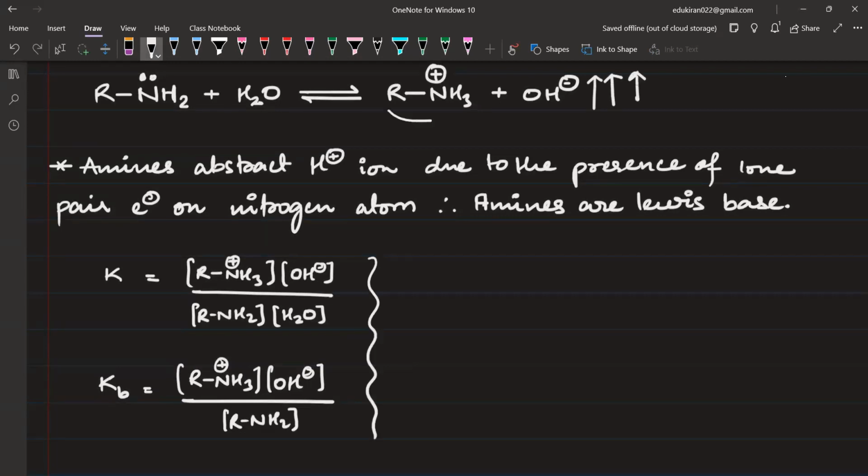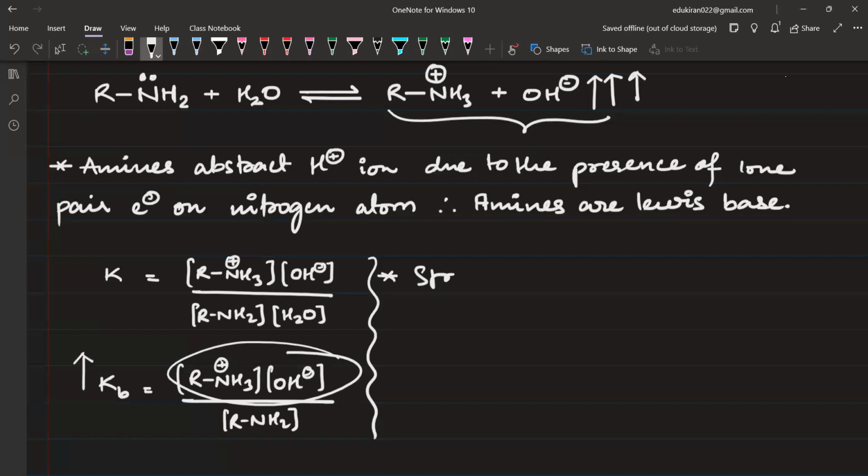That means the concentration of products will be higher. When the concentration of product is higher, the numerator part is higher. When the numerator is higher, the value of Kb will be higher. That means strong bases have higher Kb. The dissociation constant will be higher.